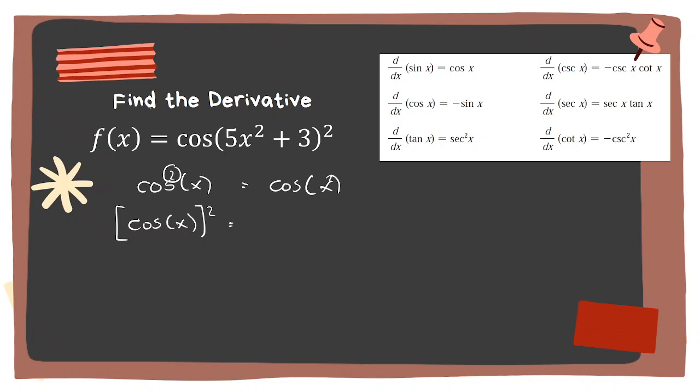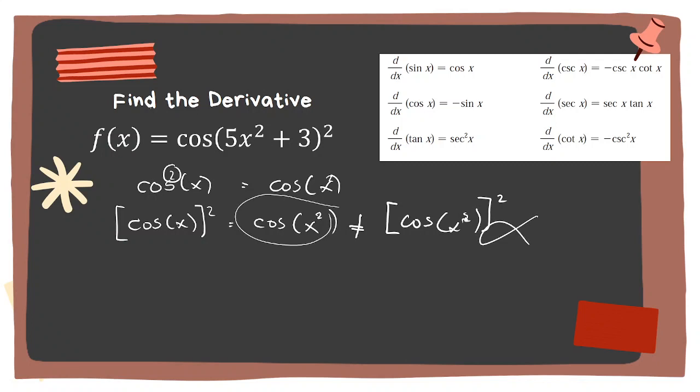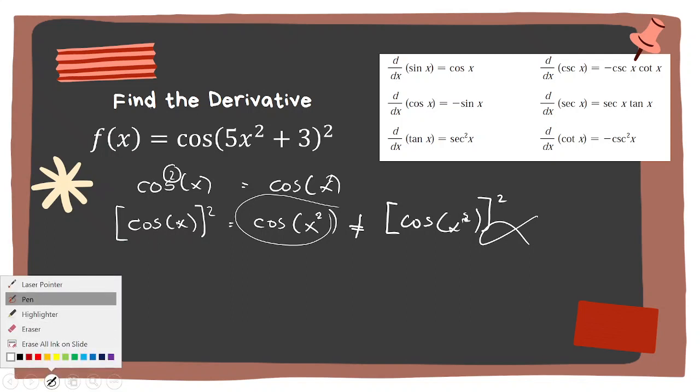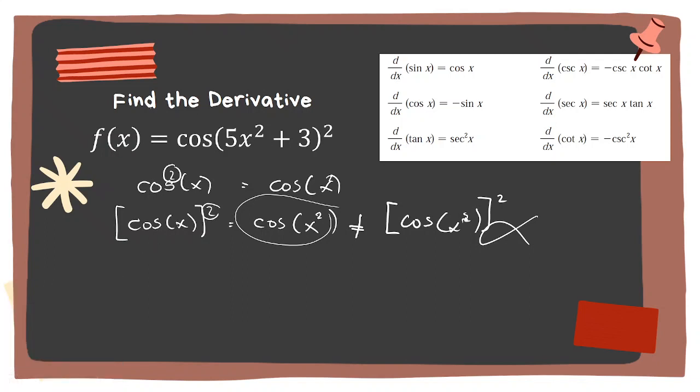Dito, si x, yung nasa loob lang ng function naka-square. So, this is also equal to cosine x squared pa din. Naintindihan? This is not equal to cosine x squared tapos square dito. Hindi siya equal. Mali yun. Ito ang tamang sagot. So, parang distribution lang po siya. Yes, parang distribution lang. Kumbaga, para lang ma-simplify to, linagay lang siya dito sa cos. Diba?